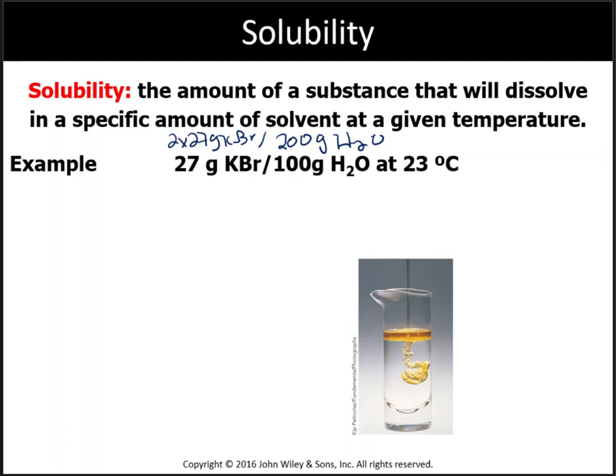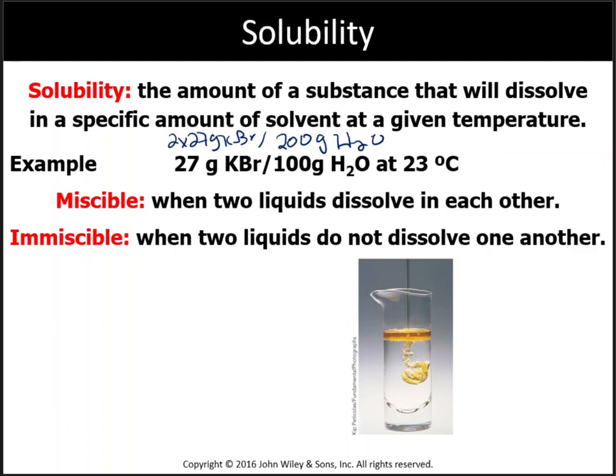Now, when we talk about a solid in a liquid, we talk about solubility, like if potassium bromide is soluble in water or not, or what's the solubility of potassium bromide. But when you have solutions where both are in a liquid phase, the terms that we use in place of soluble and insoluble are different.